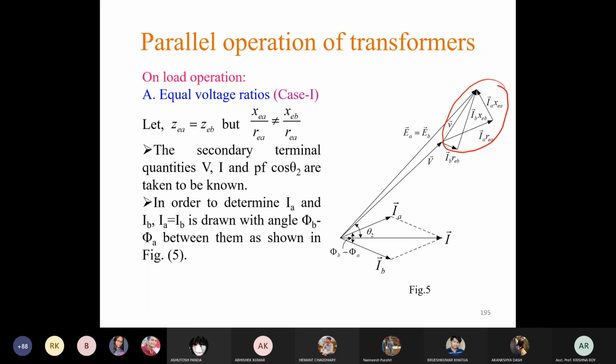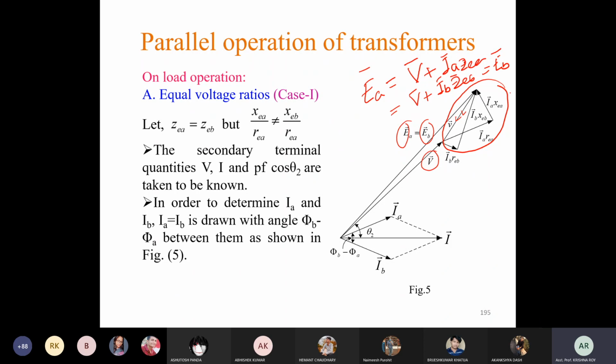If the reactive drop across transformer A and the reactive drop across transformer B are added to the terminal voltage V, then we will get the induced EMF across transformer A or B. That is our equation: EA is equal to V plus IA ZEA, which is equal to V plus IB ZEB, and that is also equal to EB. So as per this equation, we can draw this phasor diagram.